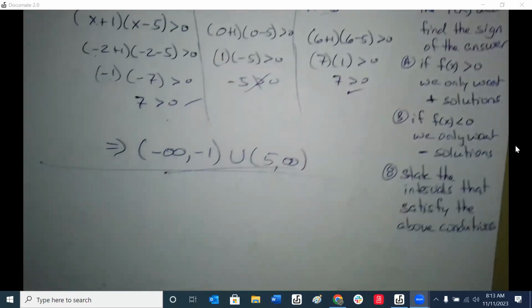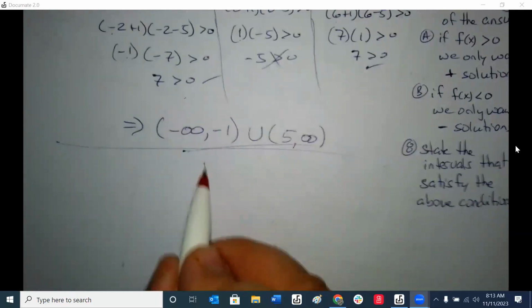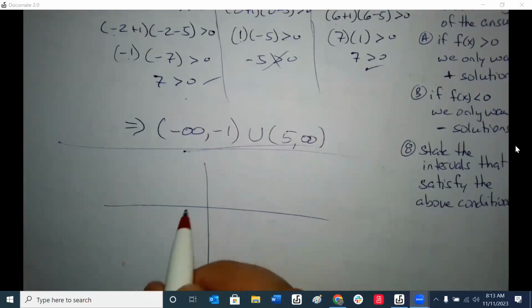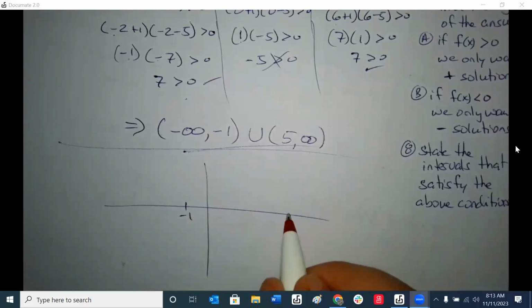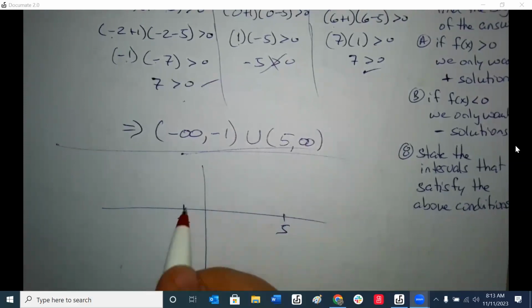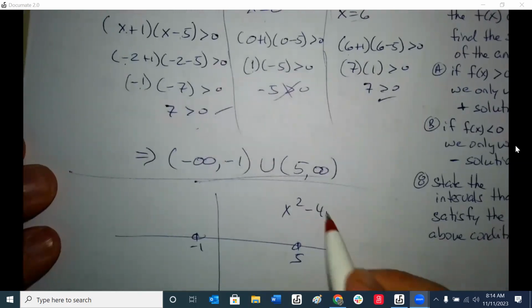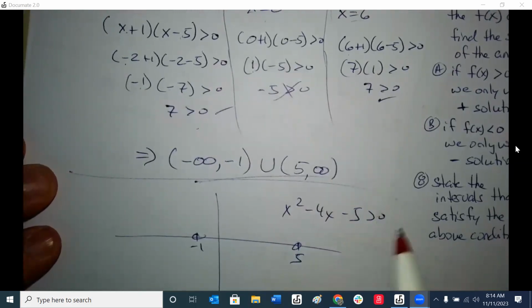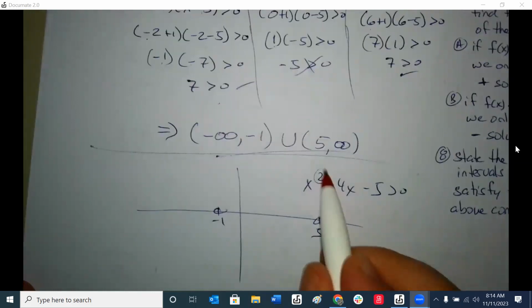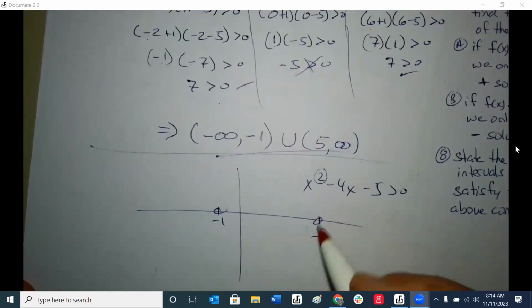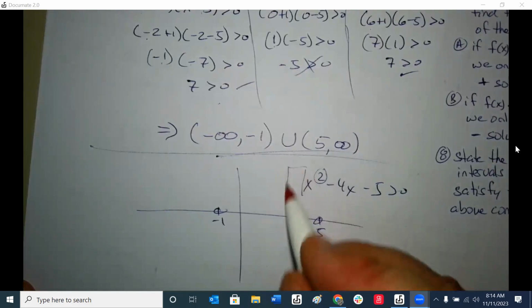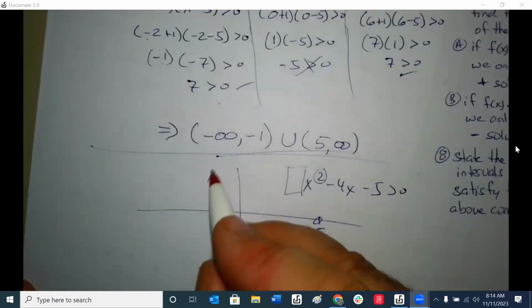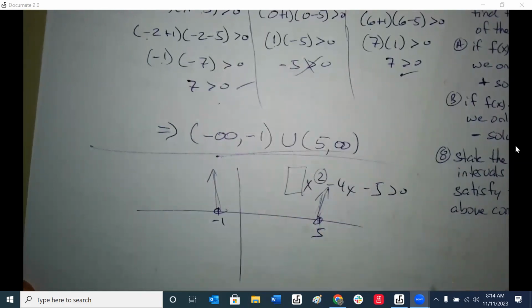And again, if you are good at graphing, we knew that our intercepts were -1 and 5. Because our function has an even degree, both ends point the same, and since the leading term was positive, both ends have to be up.